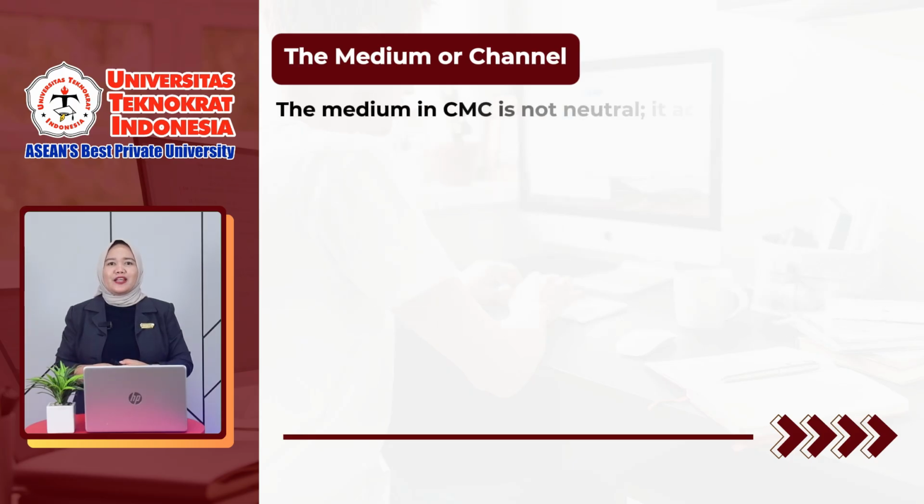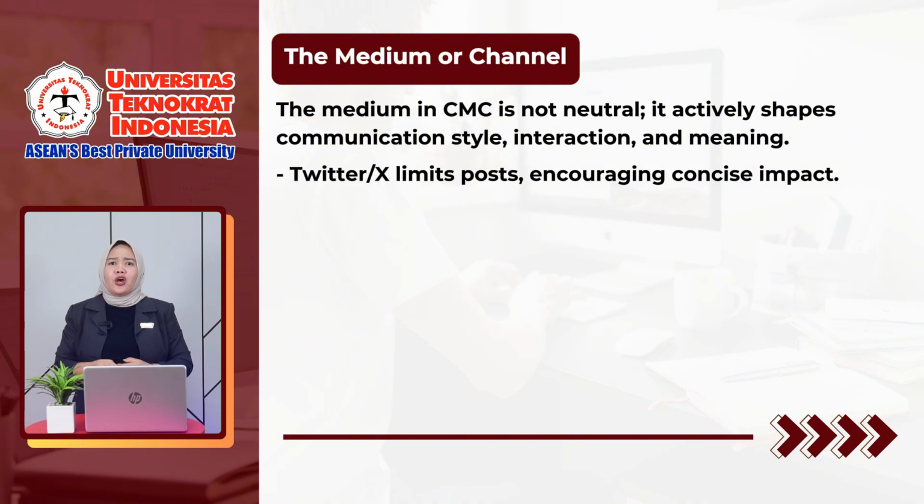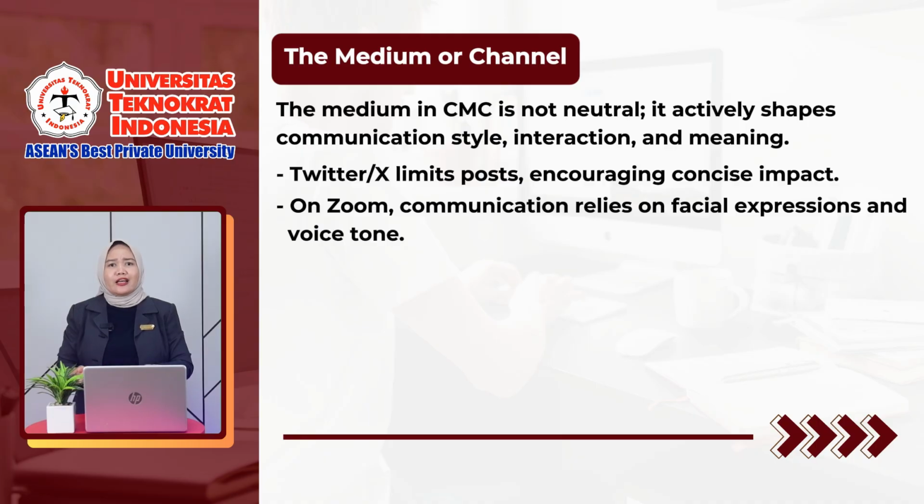The choice of medium isn't neutral. It shapes how we communicate. For example, on Twitter or X, users are constrained by a character limit, encouraging short and impactful posts. On Zoom, the lack of physical presence means we rely more on facial expression and voice tone.